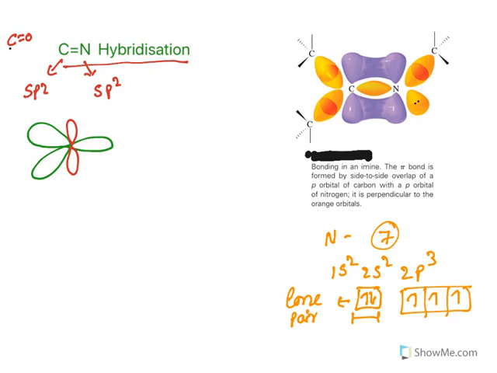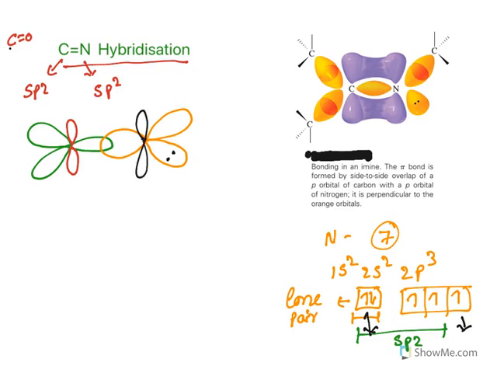Now, in nitrogen, there also occurs sp2 hybridization. So, what happens? Nitrogen also forms sp2 hybrid orbitals like this, the same trigonal planar one. But out of these, one orbital contains a lone pair. The unhybridized p orbital will exist in the perpendicular plane.